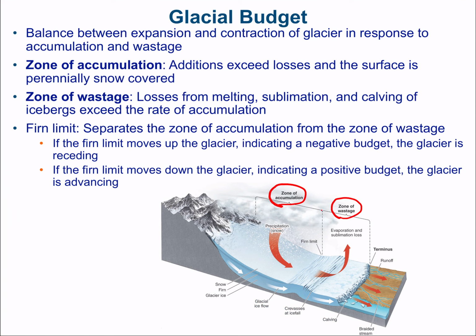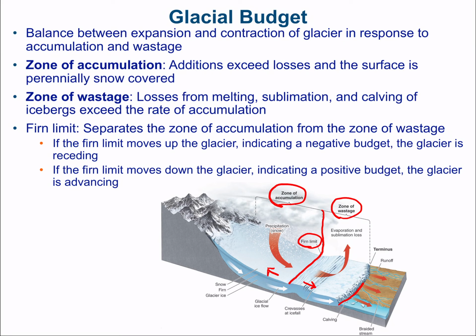These two zones are separated from one another by what's known as the Föhn limit. So if my Föhn limit moves up the glacier, it indicates a negative budget and the glacier is receding. If my Föhn limit moves down the glacier, it indicates a positive budget and my glacier is advancing.